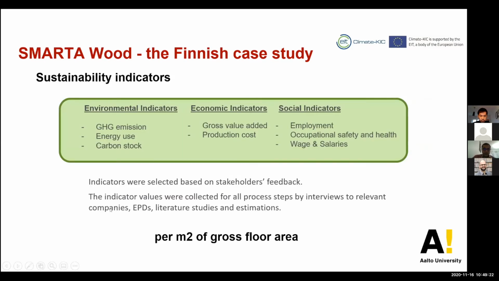Here you can see the sustainability impacts that we have assessed. For environmental indicators, it is the same as the Swedish case, GHG emissions, but we have included energy use and carbon stock here. For economic indicators, gross value added and production cost are the same as Sweden.